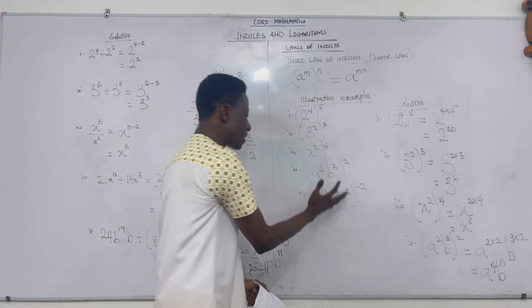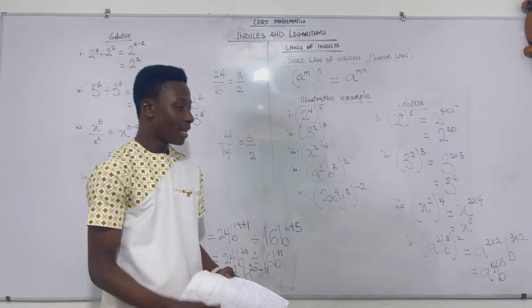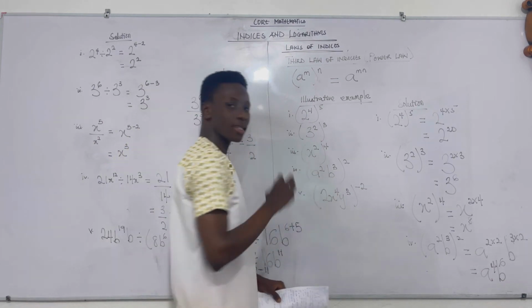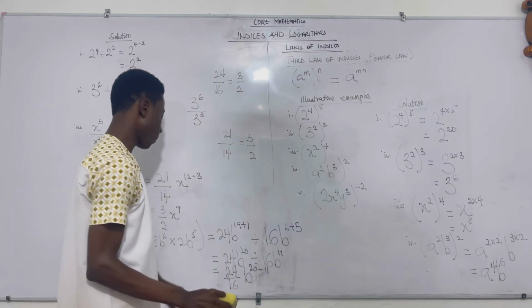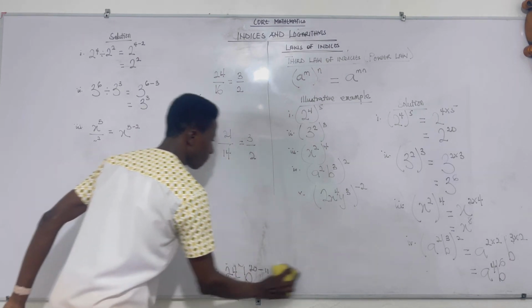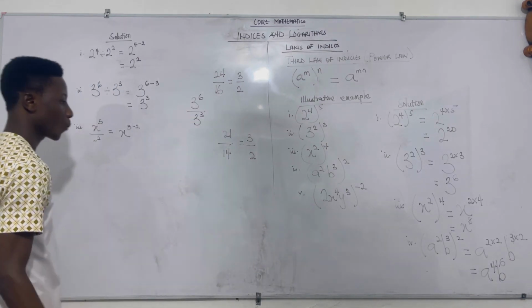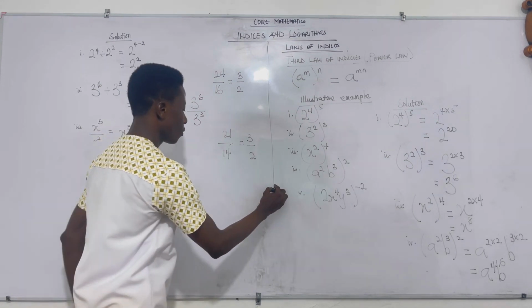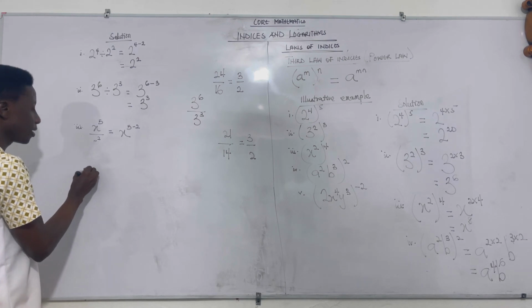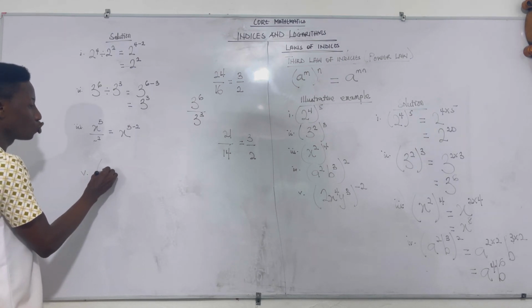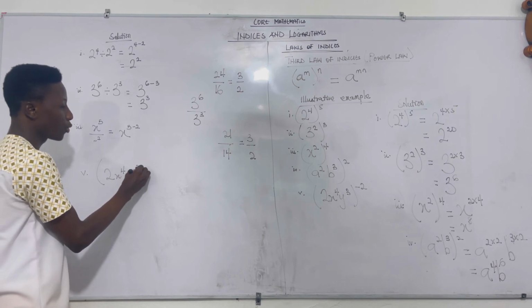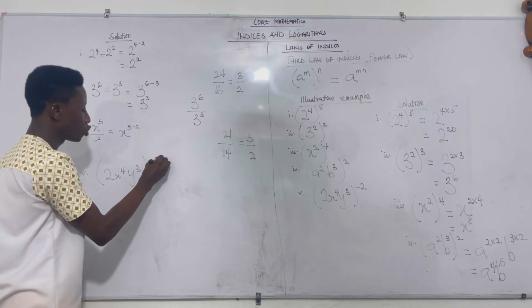Can we apply the same concept to the V? Now, if you listen attentively, there are some few things to observe from the V. Now, I think we have the chance to rub this off. Okay, so the V is here. You have 2x exponent 4, y exponent 3, all to the power of minus 2.